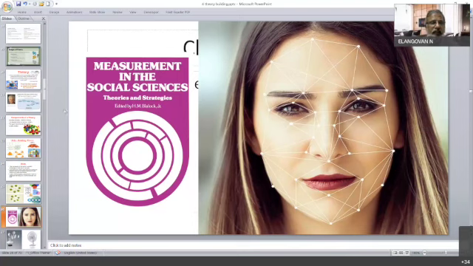So this measurement in social science, we need to understand, since it is something new and difficult to understand, this bias or mistake gets carried over and our entire research goes wrong, because we don't understand what can be measured and what cannot be measured.